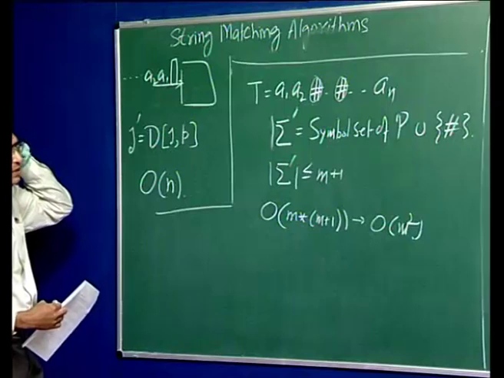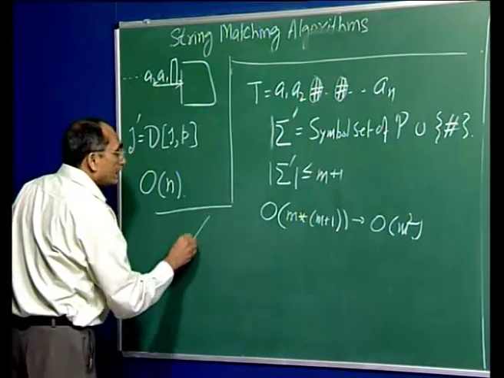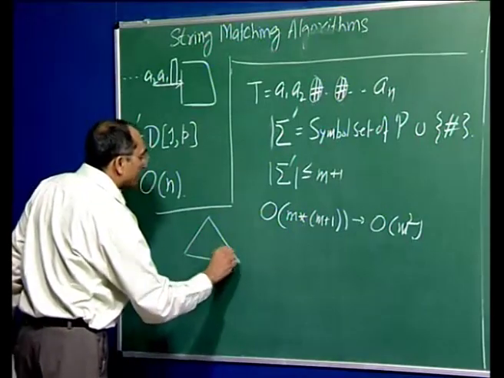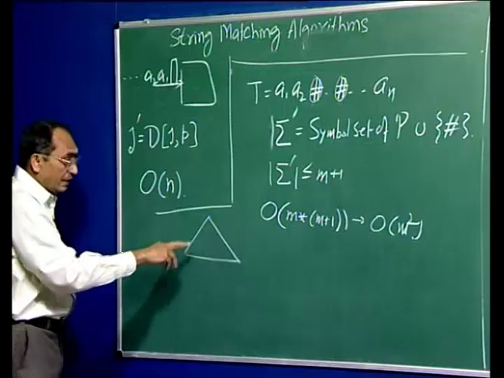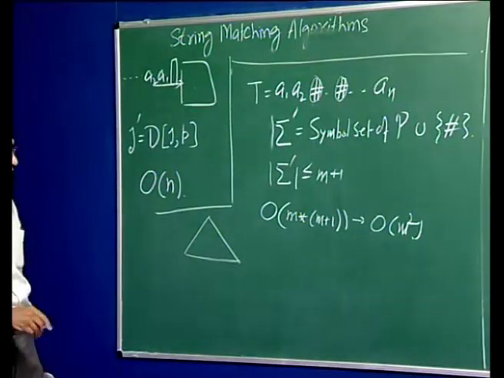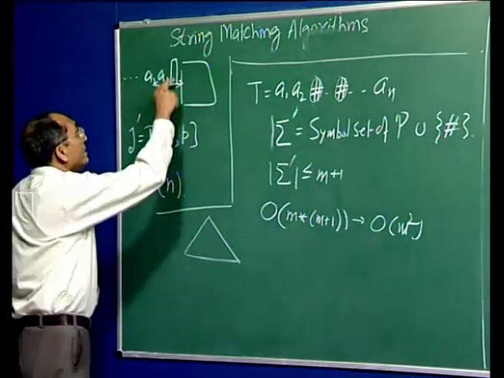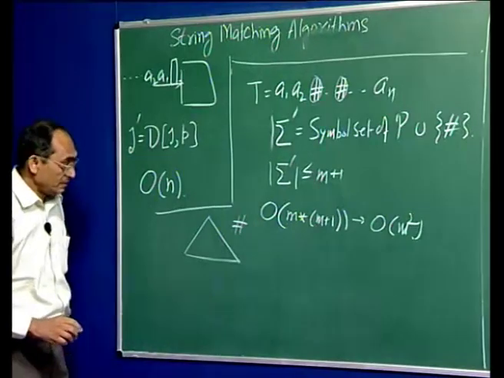In general, if we form a binary search tree storing those m symbols, we run through this and if we do not find it, then we plug in the sharp symbol for it.